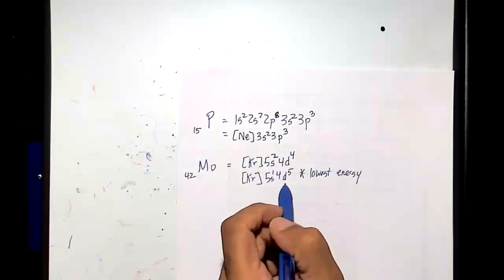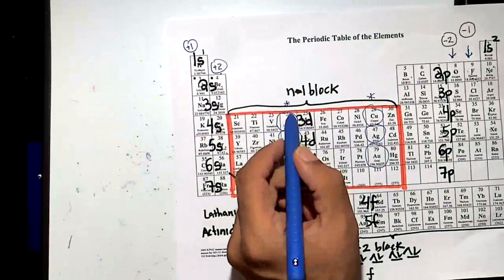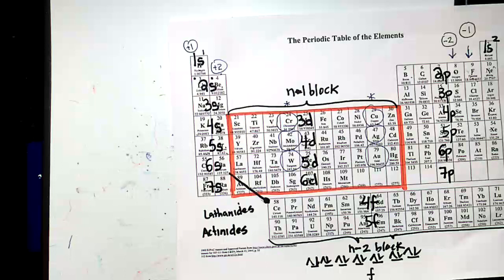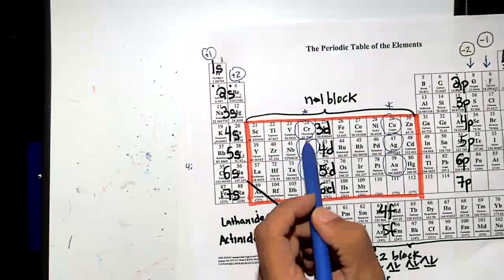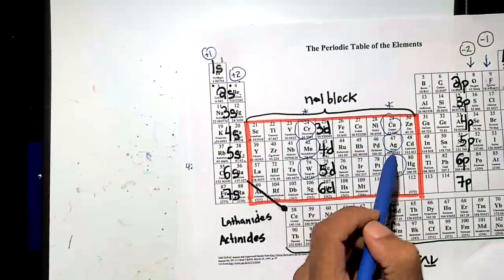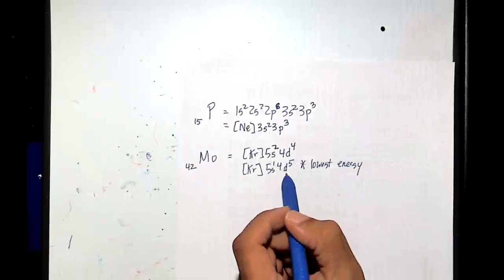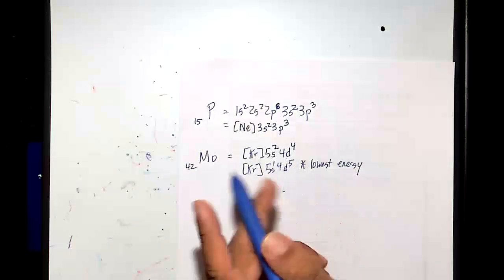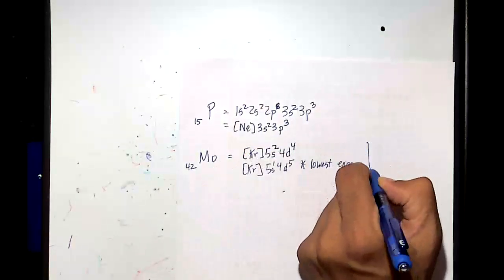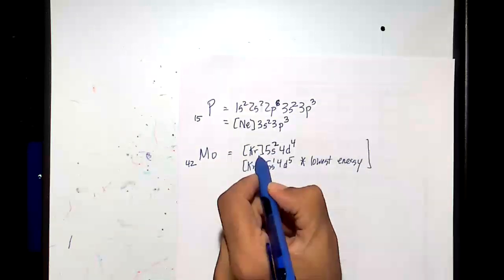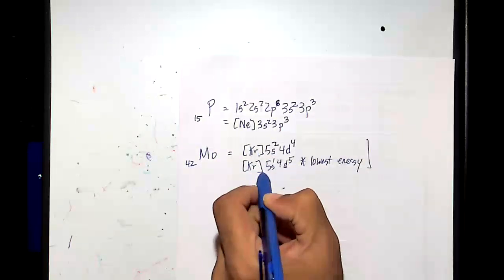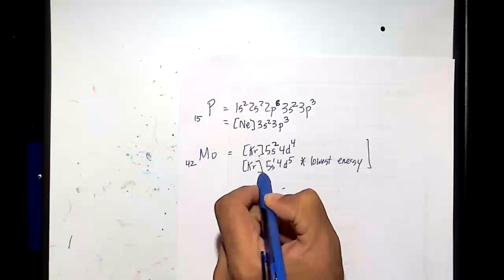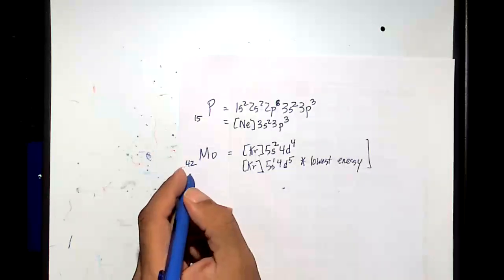These ones over here are exceptions. They march in a very specific order, like I've been telling you, but to achieve a slightly more stable electron configuration, some of the electrons, especially for these three and these three, will hop. So 4d5 is more stable than 4d4. I'll go over this on Wednesday. But if you wrote this, that's fine. If you wrote this, that's also fine.